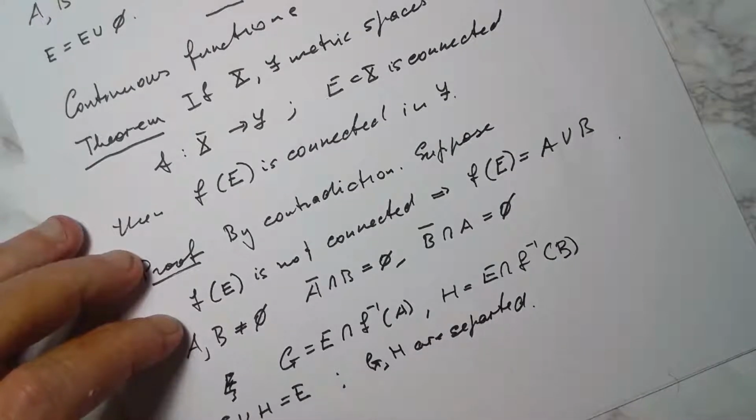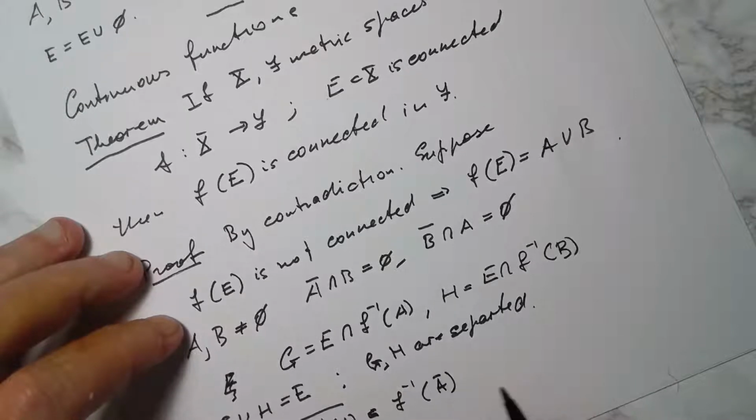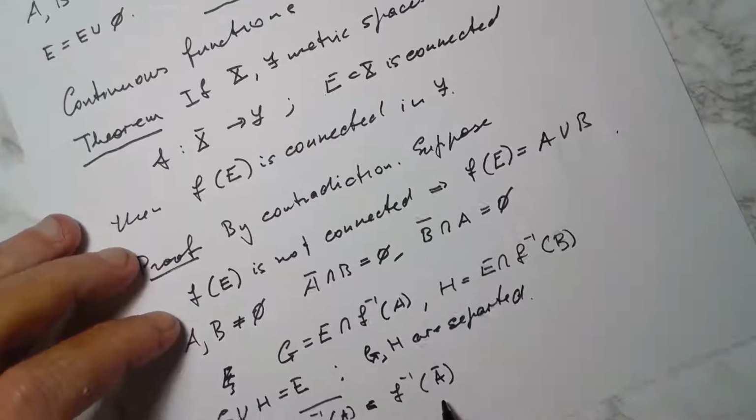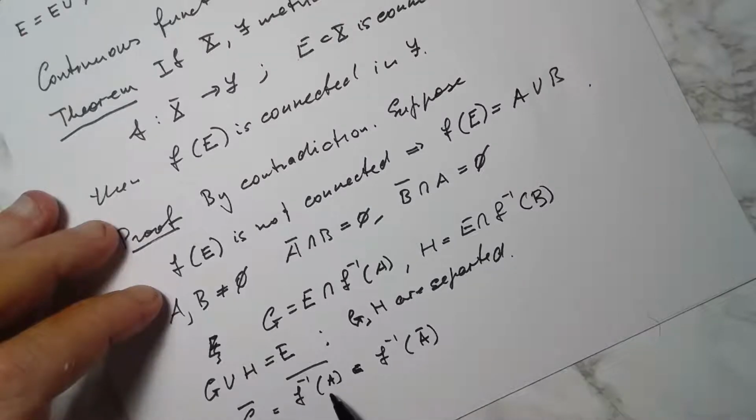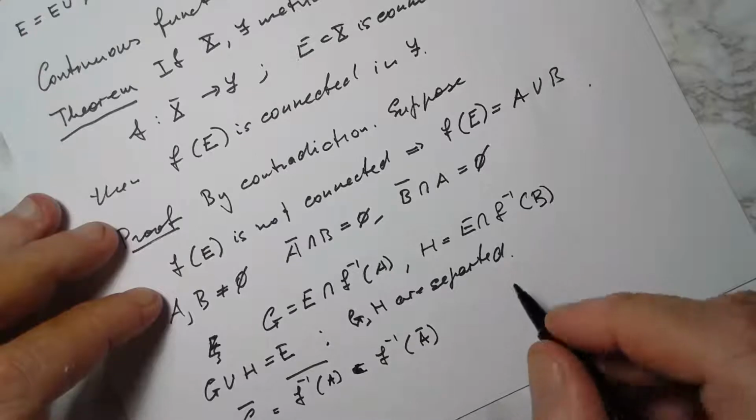The closure of G is contained in the closure of f minus 1 of A. Now f minus 1 of A closure is a closed set because f is a continuous function, and it is the least closed set that contains f minus 1 of A, and therefore the closure of G is a subset of it.